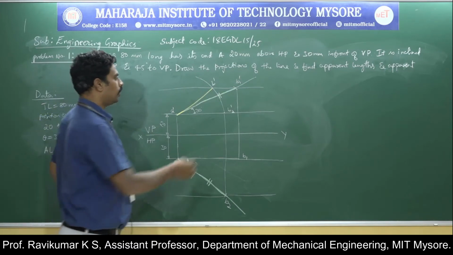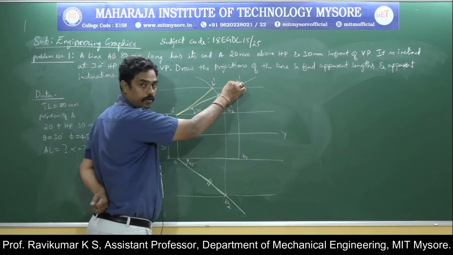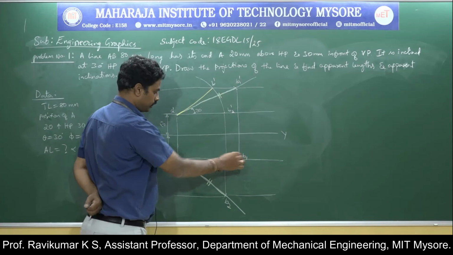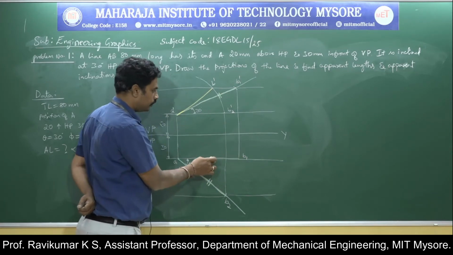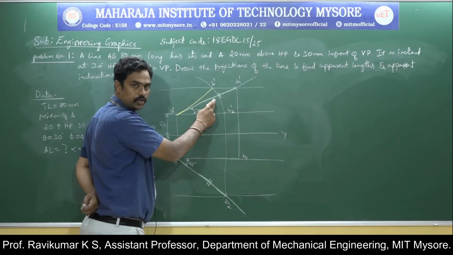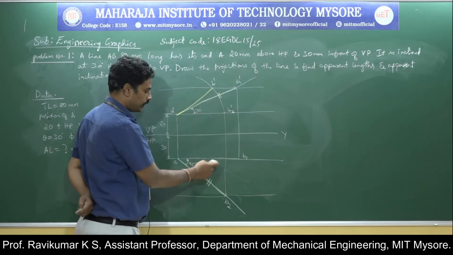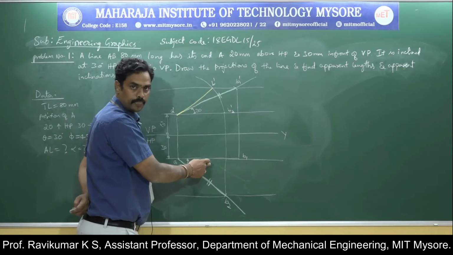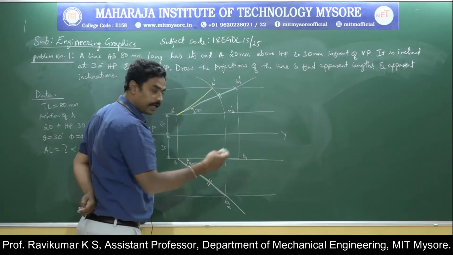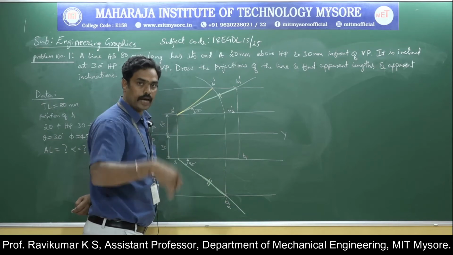Similarly, you have dropped a perpendicular from B1 dash to B1. So here A B1 is appearing parallel in this view, therefore you will get the true length, or since this is true length, this will be apparent. Apparent means it is inclined. Okay. Now I need to take out the inclination to measure the apparent length.